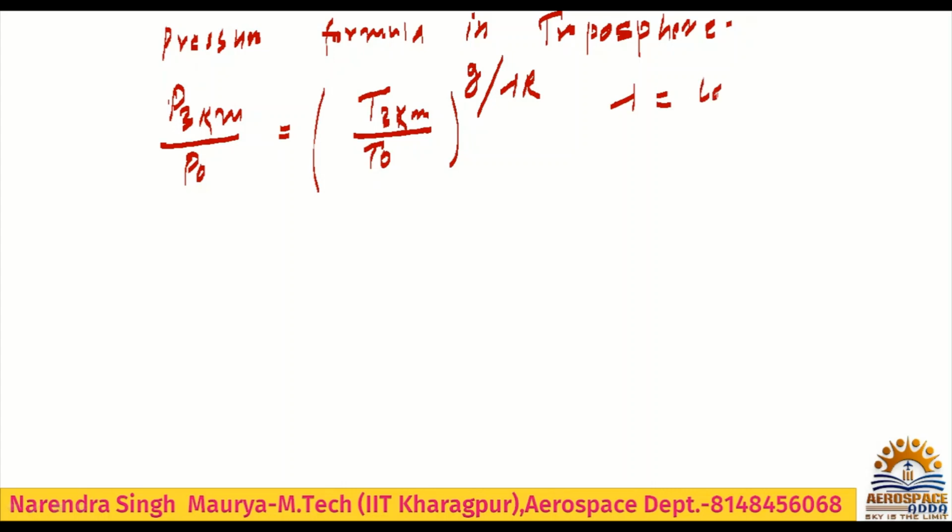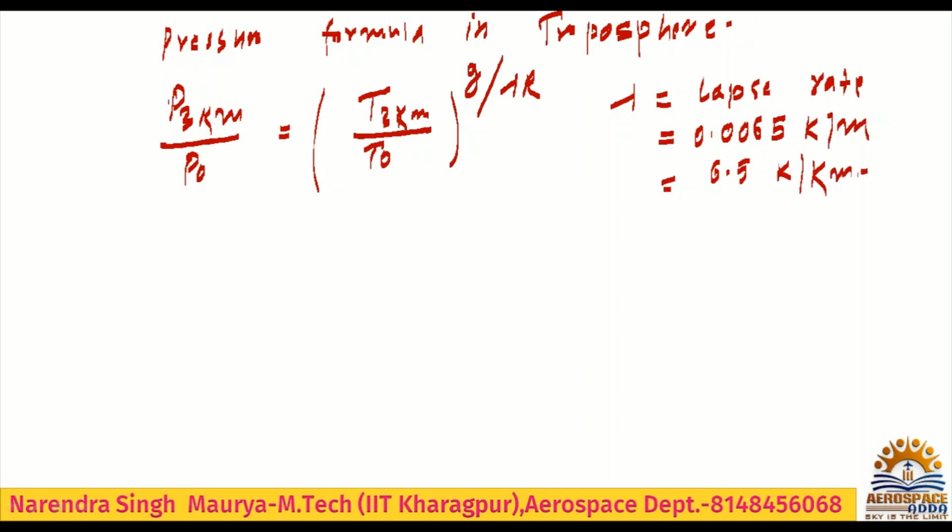Lambda is called the lapse rate. For the troposphere, what is the lapse rate? It is 0.0065 Kelvin per meter, or you can write 6.5 Kelvin per kilometer. This is the lapse rate.